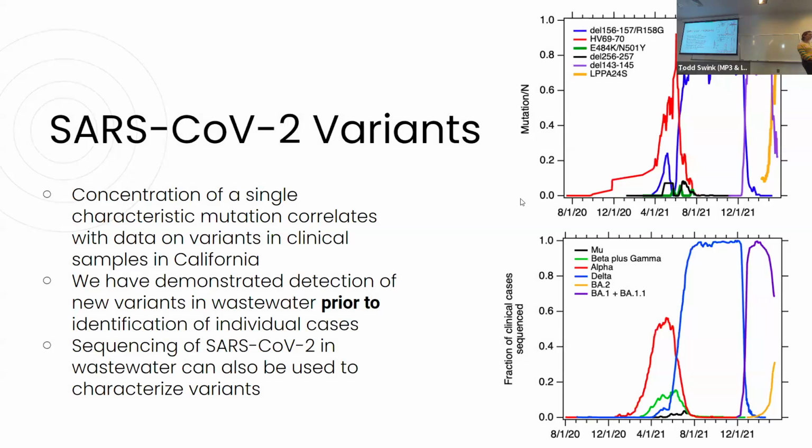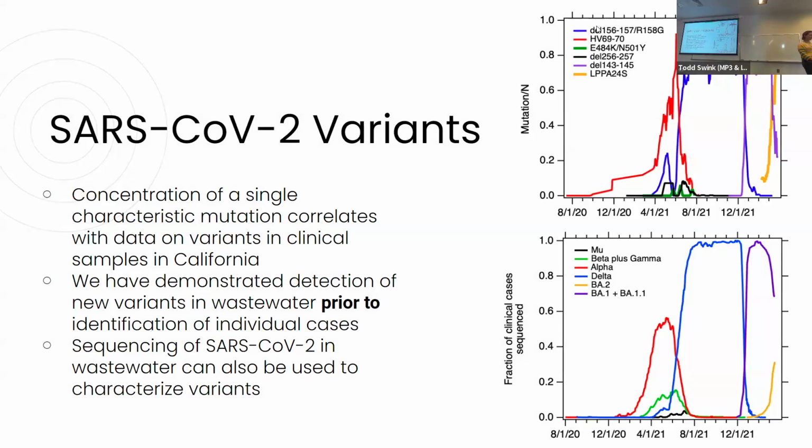So for a long time we were doing variant detection based on PCR for characteristic mutations of the variants. Those could be in a number of places on the genome. Up here is the wastewater data.